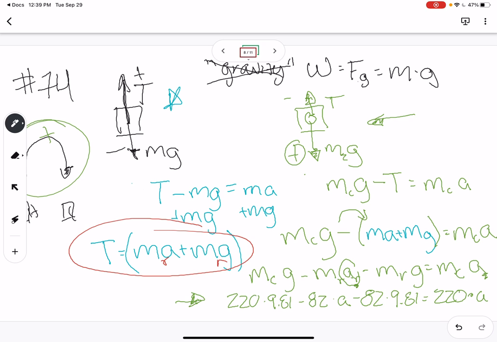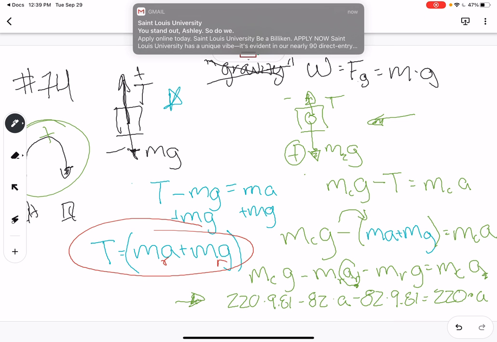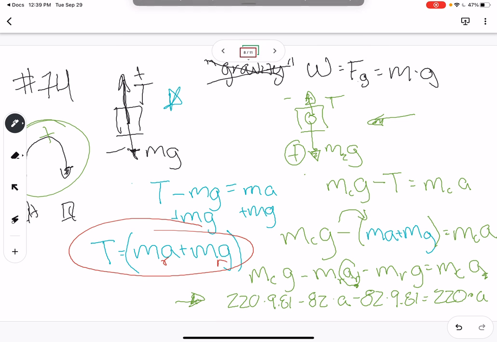If you're assuming a direction and you ended up with a negative number at the end for A, that would mean you assumed wrong. But because both of these were going in a certain direction, attached to one another, we would have actually got an A that was constant for both. So we would have simply ended up with a negative A value.